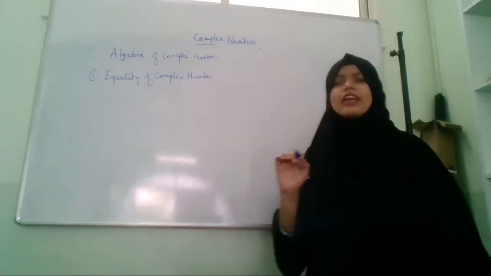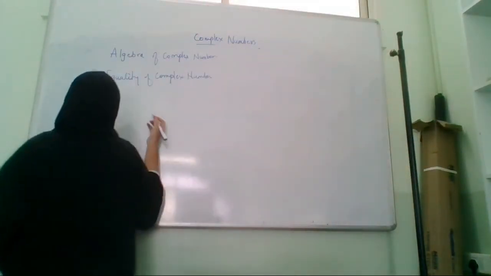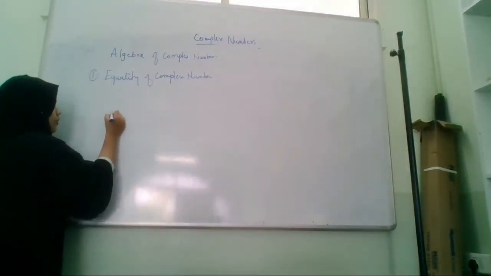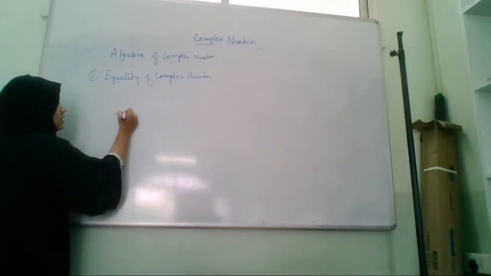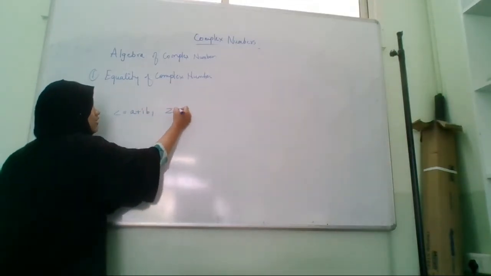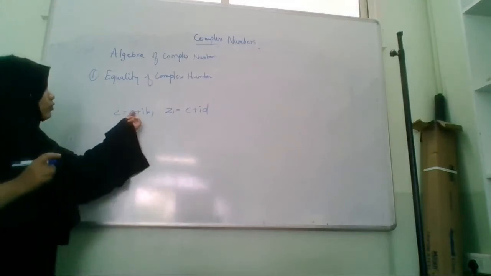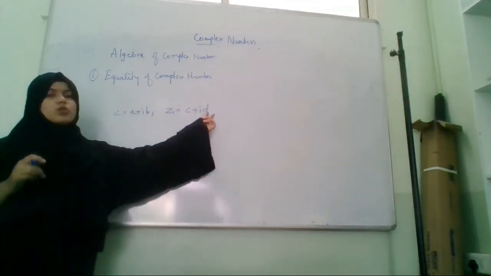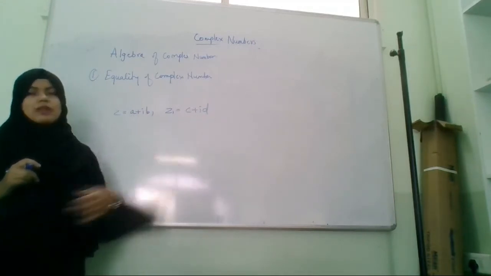Similarly, we have two equal complex numbers. Suppose we have two complex numbers, z equal to a plus ib and z1 equal to c plus id. Always note that you have to use small letters to denote any complex number, like a plus ib, c plus id.